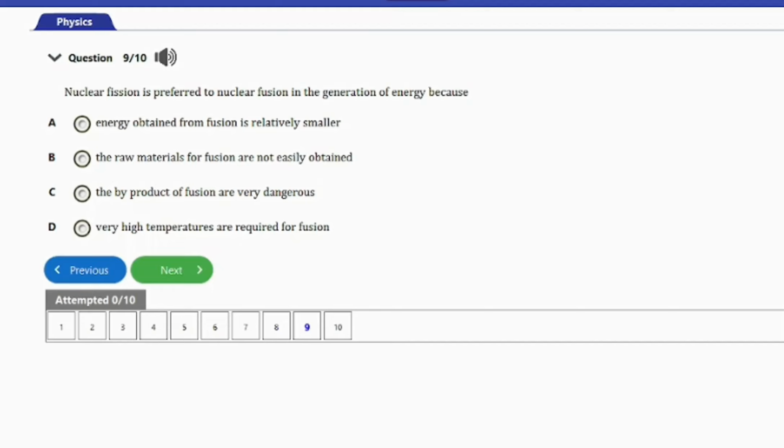So guys, option D is the answer to this question. Very high temperature are required for fusion. And that's it for this question. Let's go ahead and consider the next question, guys.